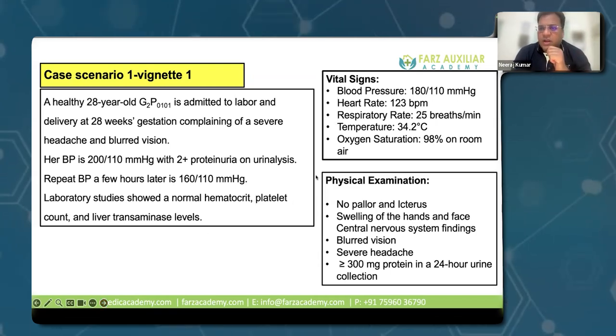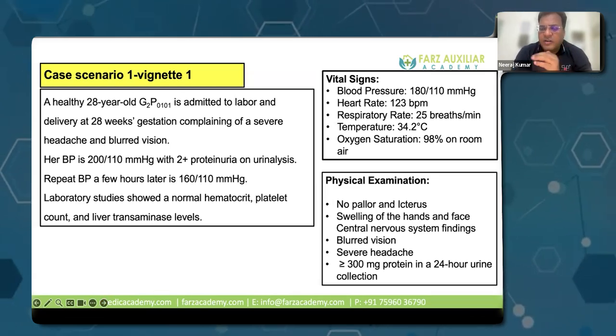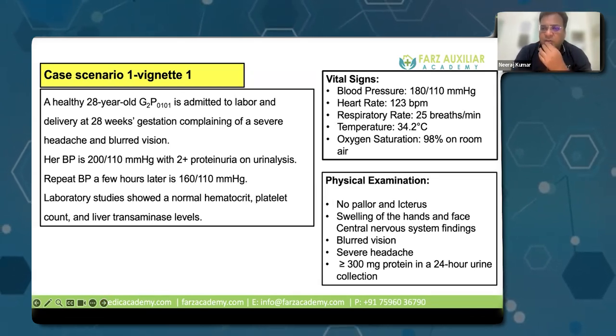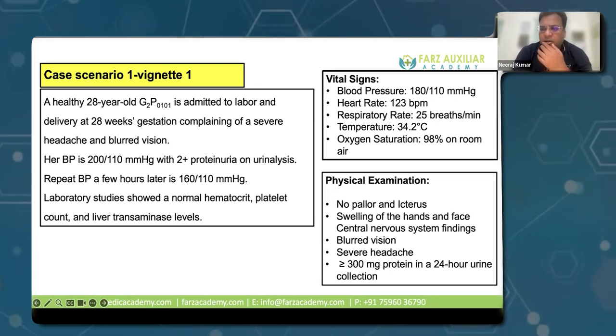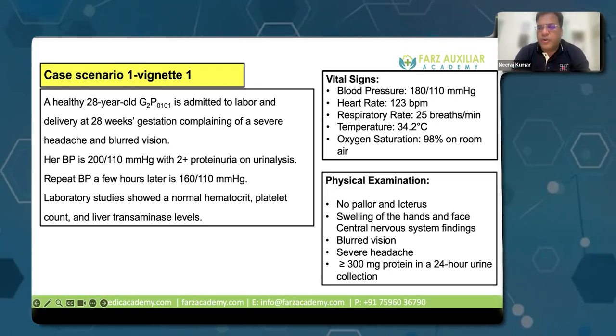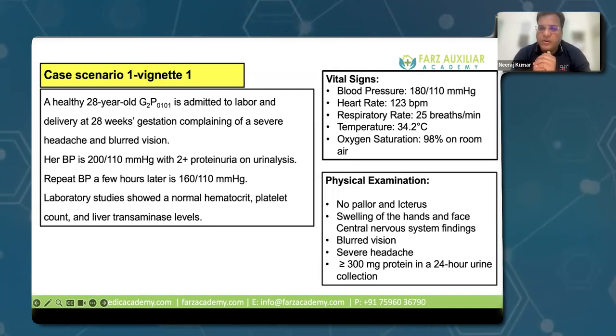The vital signs recorded at the time of admission were blood pressure 180 by 110, heart rate a bit tachycardic at 123 beats per minute. The patient was tachypneic also, 25 breaths per minute, temperature was 34.2 degrees Celsius, and she was maintaining oxygen saturation at 98% on room air.